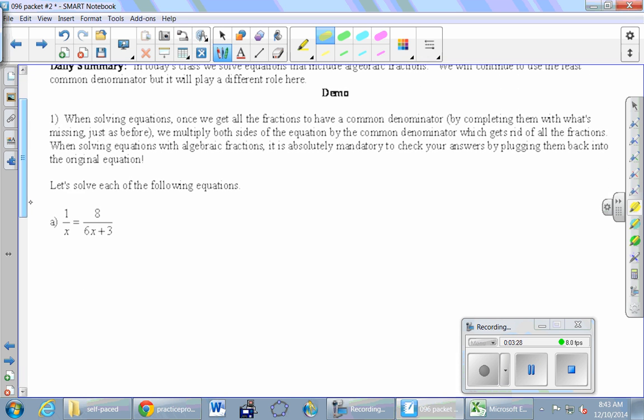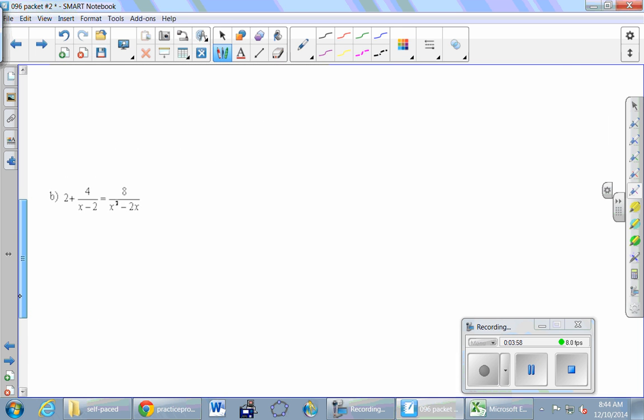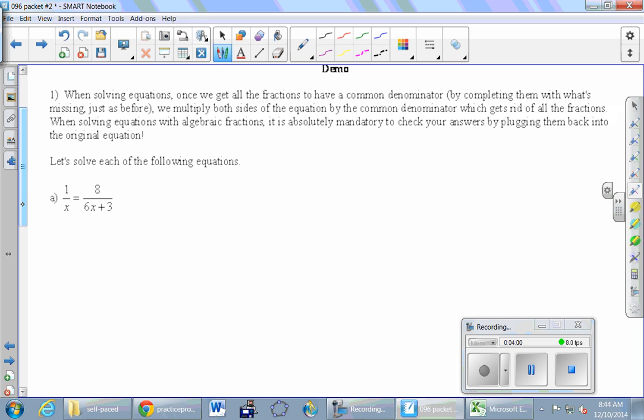Tara, number 1. Thank you. So we're going to solve 2 examples together here, A and B, and then you guys will do lots of practice in the activities.